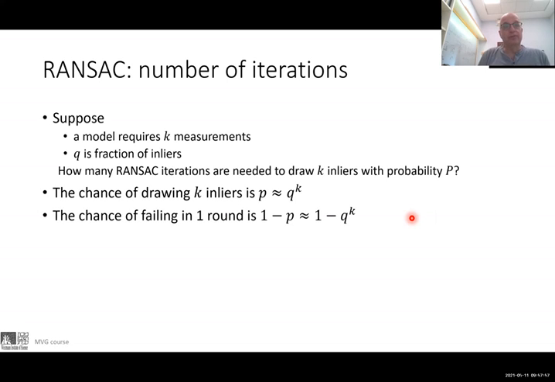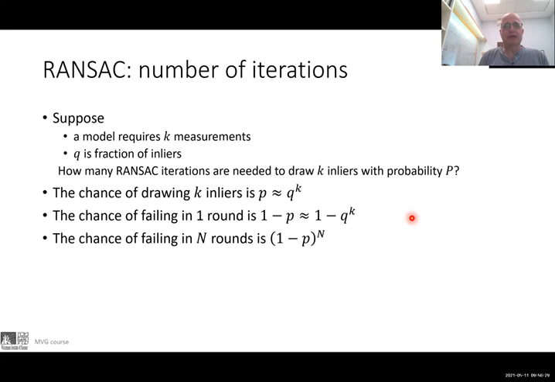So that means that the chance of failing in one round is 1 minus q to the k. So the chance of failing in all n rounds will be 1 minus q to the k, to the power of n.